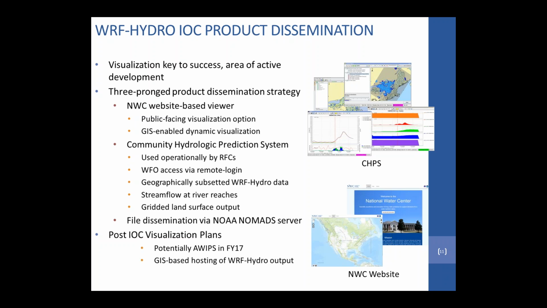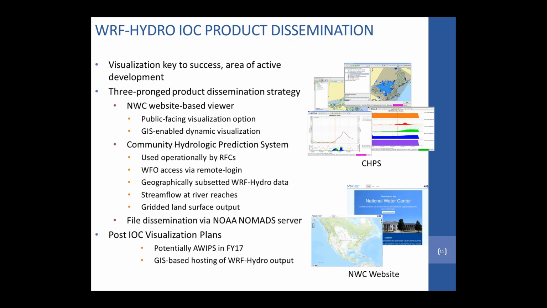So how are we going to distribute these products? You could obviously have this model running on the supercomputer, but it wouldn't be of much use unless people were able to access the output. So we have a 3-pronged product dissemination strategy plan. The first will be a public-facing water center website, web-based viewer. And this is what I'll call GIS-enabled.